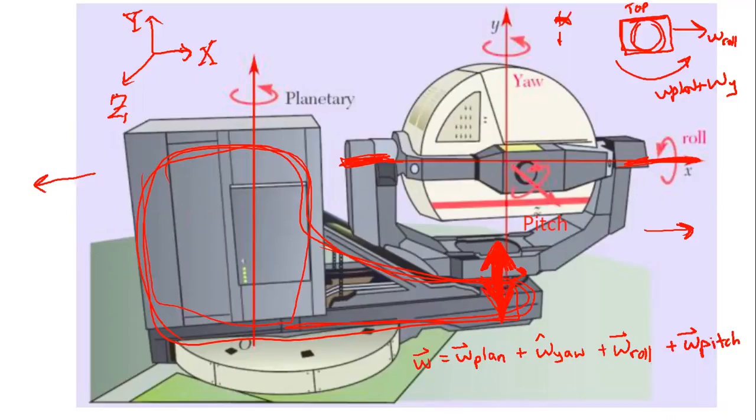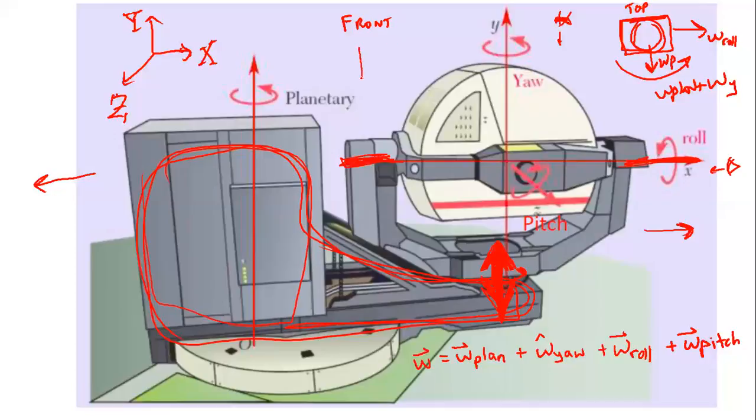If I'm looking at the top again, then this is the omega pitch at that instant, and it's going to be changing due to the planetary and the yaw. But if I look at a front view, where now I'm looking down this axis, then I'll see the pitch.